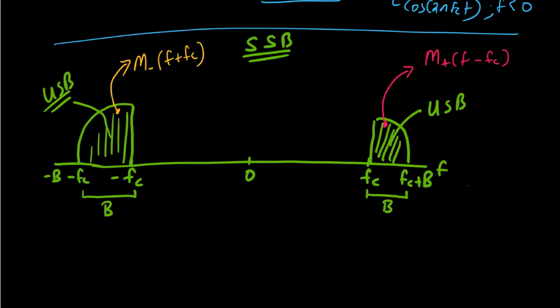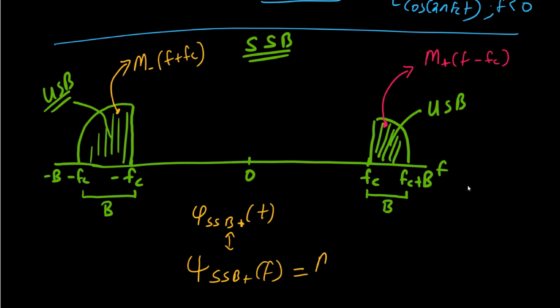So basically what we are trying to say over here is that if we are just sending the upper sideband, phi SSB of t, because we are just sending the upper sideband, we can say this is phi SSB plus of t. Or in the frequency domain, we have phi SSB plus of f, and that is equivalent to m minus of f plus fc plus m plus of f minus fc.